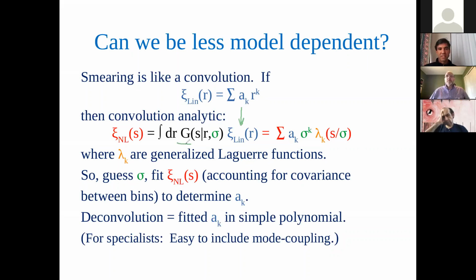And so if this thing is a simple polynomial, then the smearing, because of the particles moving, is a convolution of the initial separations R to final separations S. Okay. And so it turns out that if this kernel, the smearing kernel, is a Gaussian, then this can be done analytically.